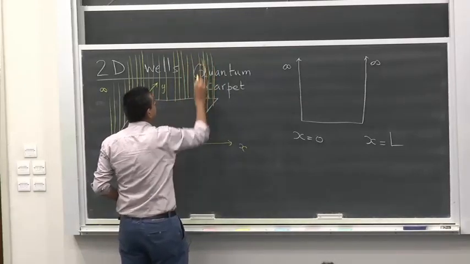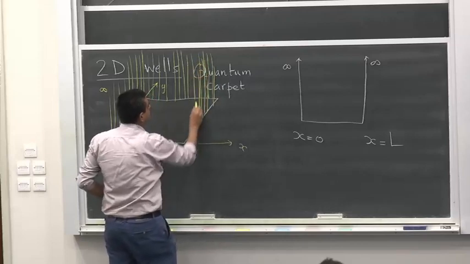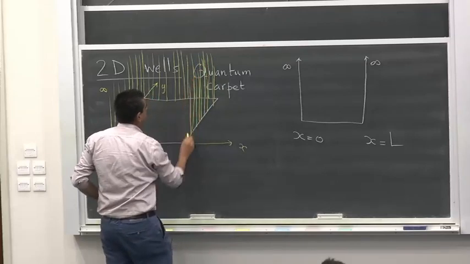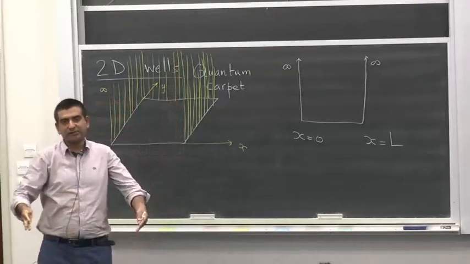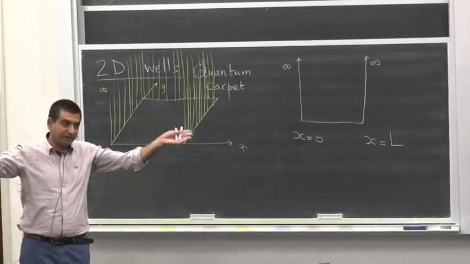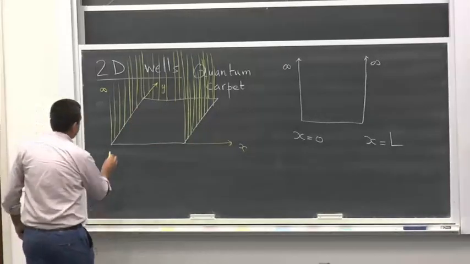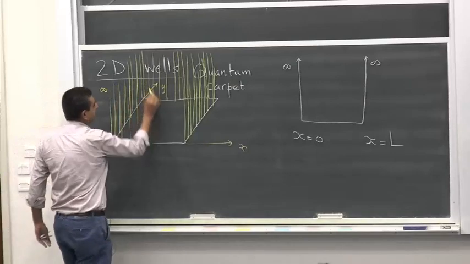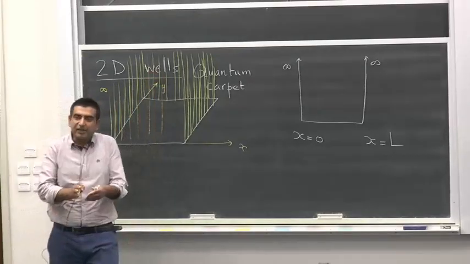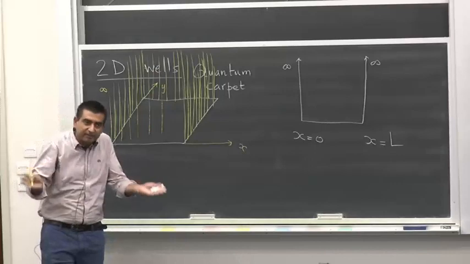You can imagine that the particle is trapped inside a two-dimensional cage. It cannot go outside of the cage. It cannot tunnel through, it cannot leak through, because the potential energy is actually going to infinity. So the particle is now destined to exist within the carpet only.